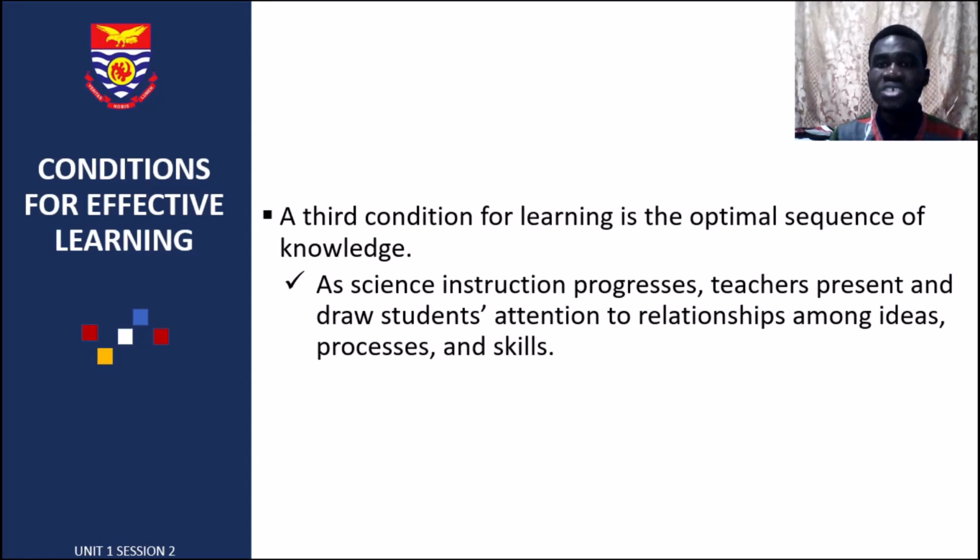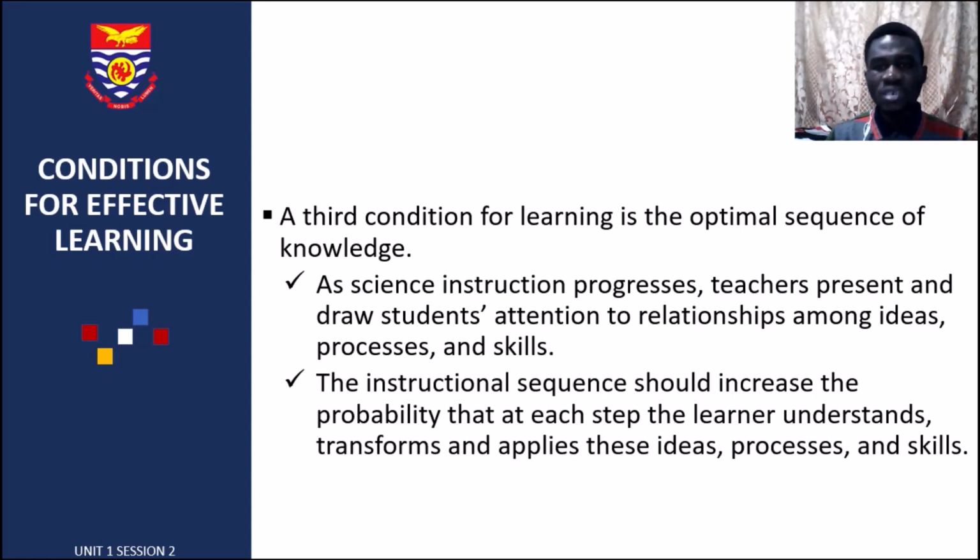So in your teaching, in as much as you are teaching, you must also ensure that your learners are also benefiting from the teaching. And one way they can understand the various concepts you teach in the classroom is by drawing their attention to the relationships among the various ideas and skills that occur in the physics or science classroom.